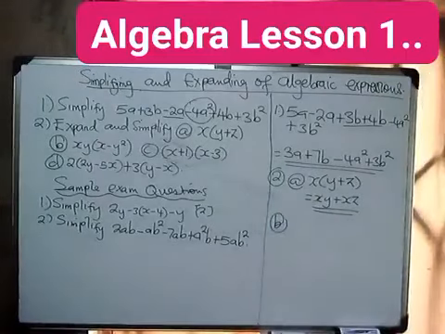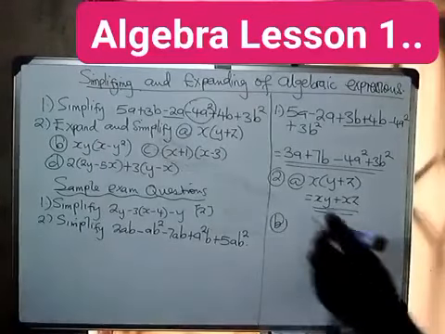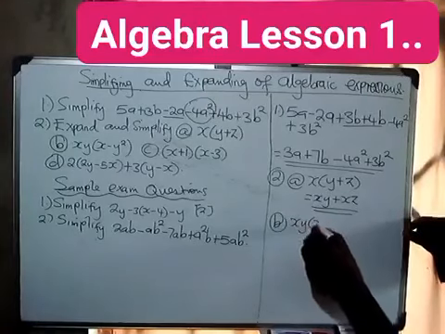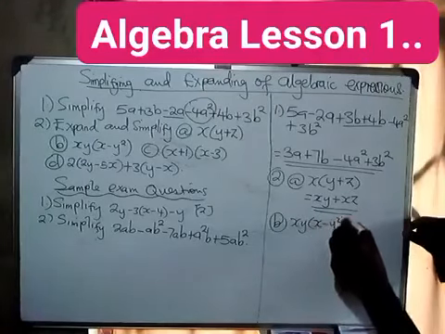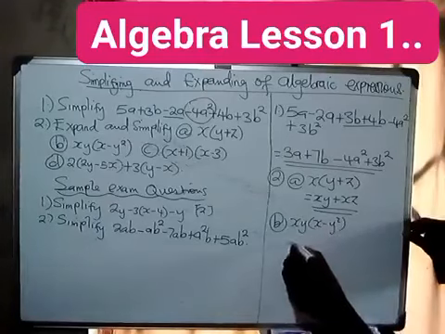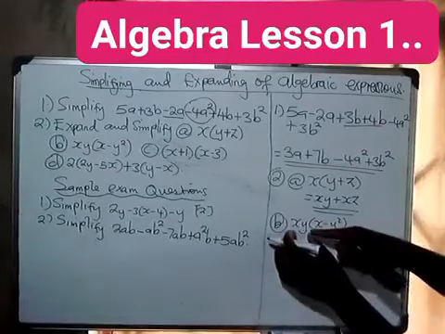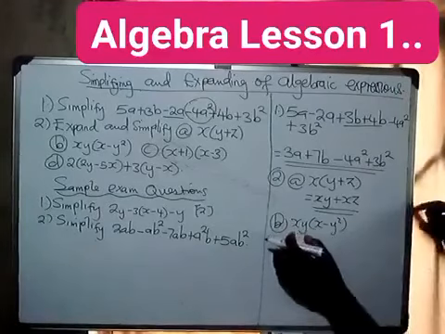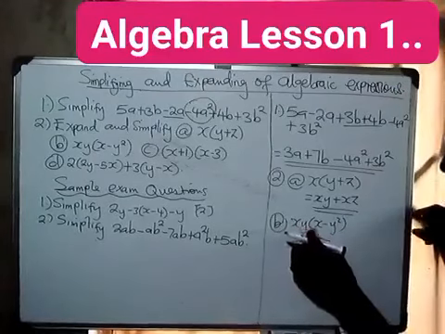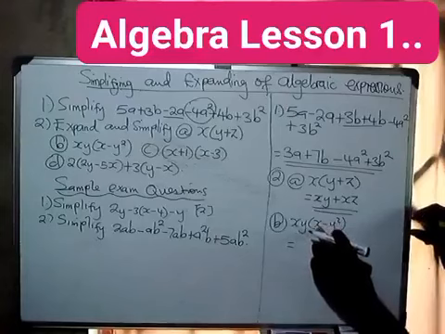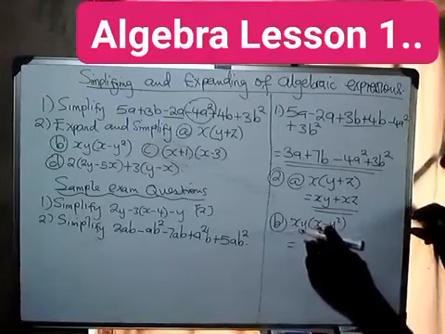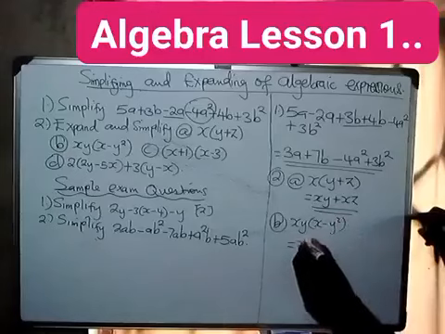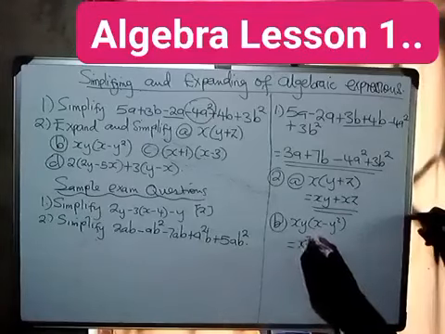Question number b is xy open bracket x minus y squared. When you're expanding this one, you multiply what is outside times everything inside. So xy multiplied by x: this x and this x will be multiplied, so x times x will be x squared.